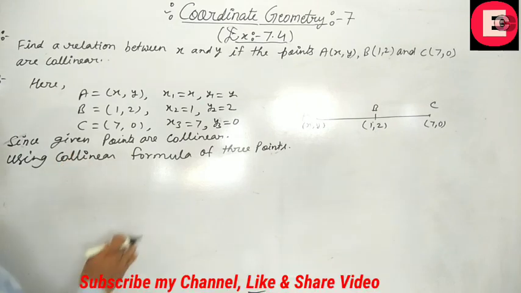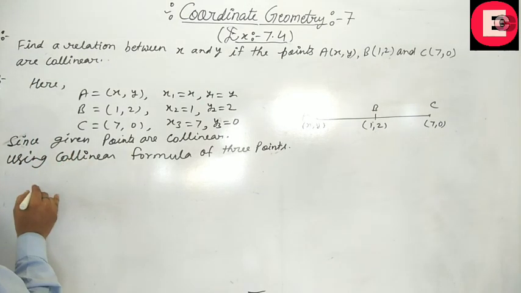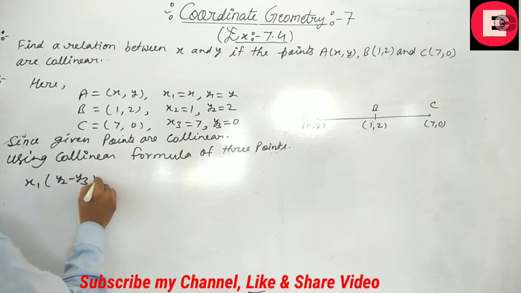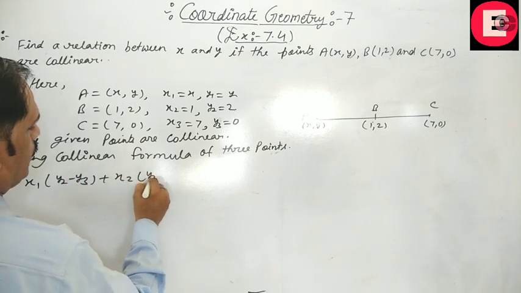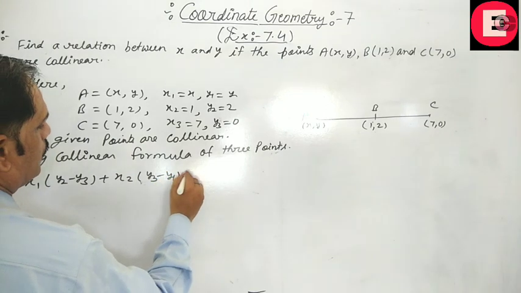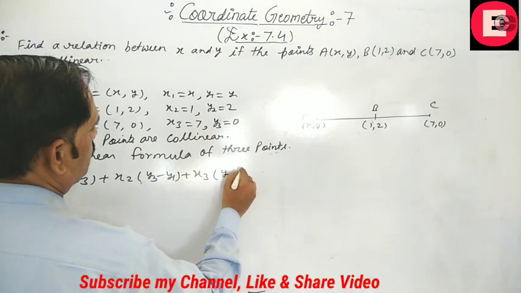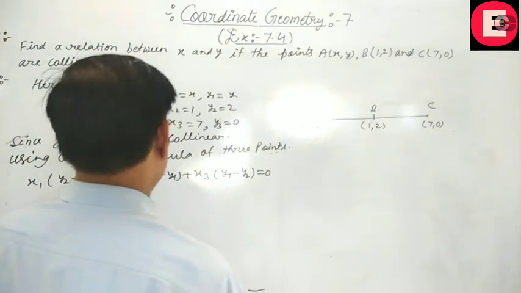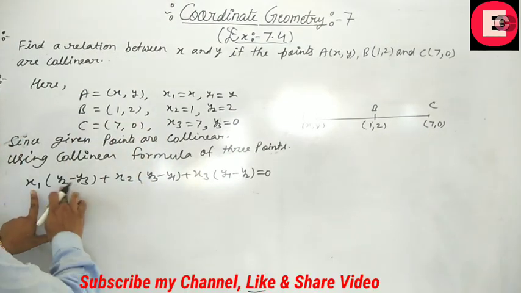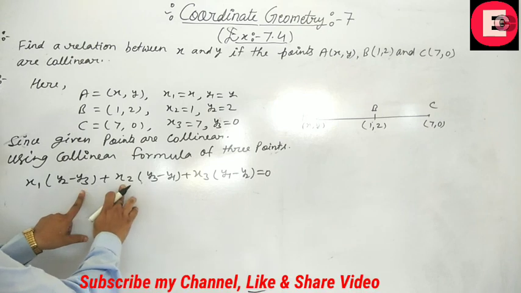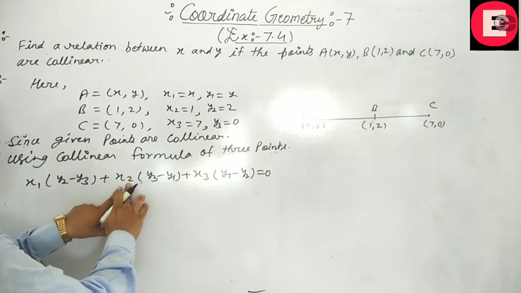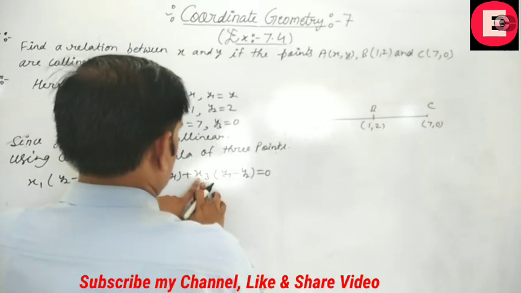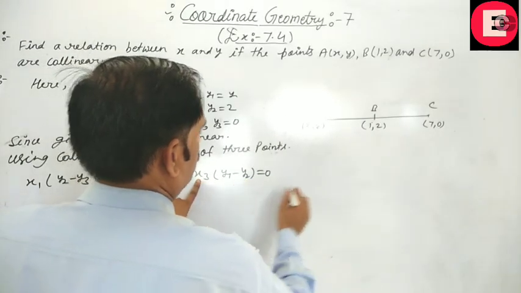So the collinear formula is x1(y2 - y3) + x2(y3 - y1) + x3(y1 - y2) = 0.